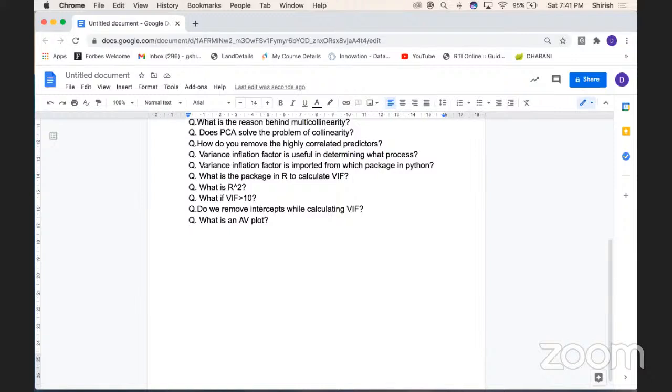Does this AV plot have another name? They're also called what? What are the other names they're also called?